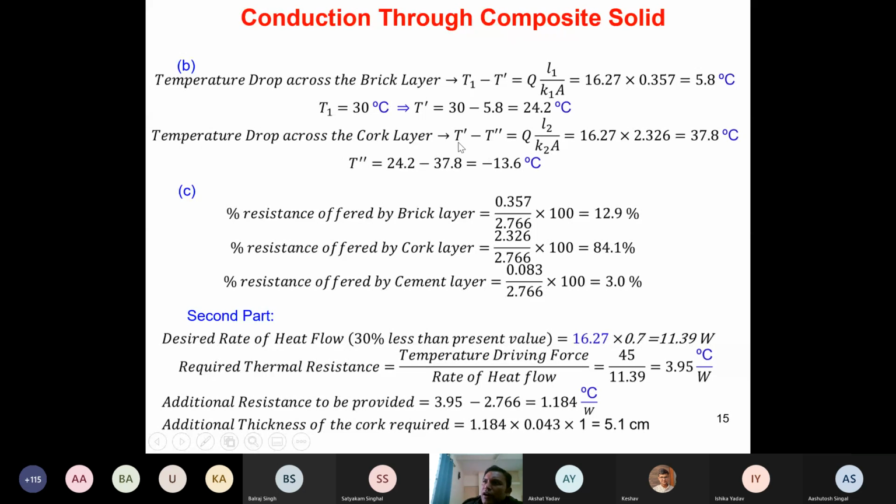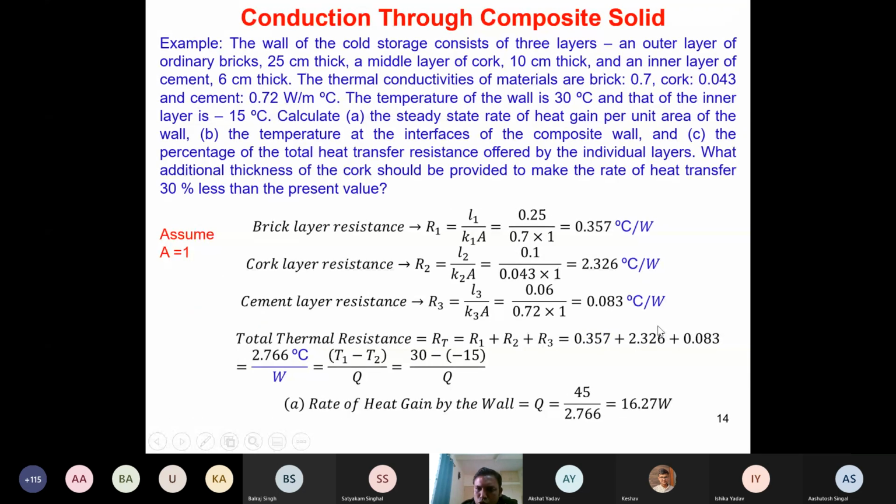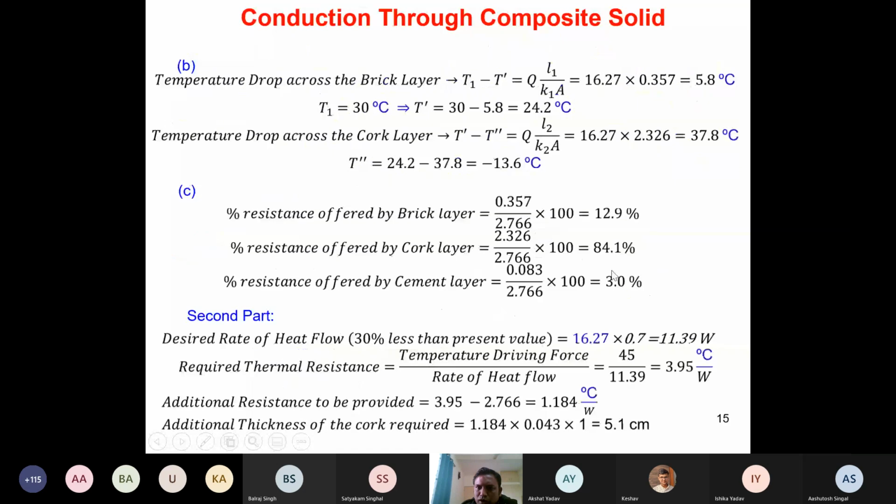Similarly, now we look at the temperature drop across the cork layer. For the cork layer, the temperature difference is T dash minus T double dash, and that is given as Q into the resistance of the second layer, L2 divided by K2 into A. Q we already know, and the resistance L2 by K2A we already calculated in the earlier slide, 2.326.